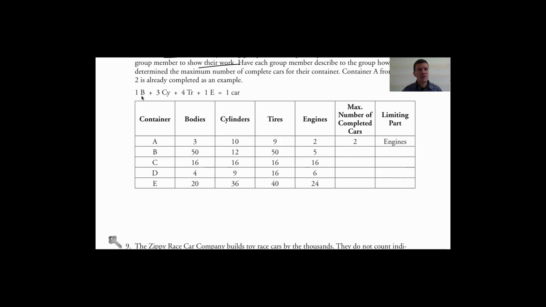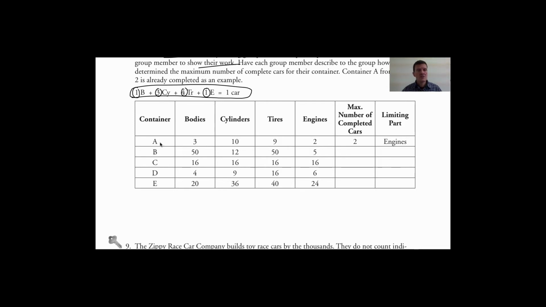They are giving us, by the way, this reaction. Here is kind of like your chemical reaction. 1 body plus 3 cylinders plus 4 tires plus 1 engine produces 1 car. These coefficients are telling us in what ratio they are reacting, or they are assembled.